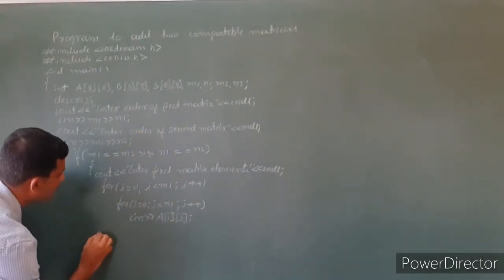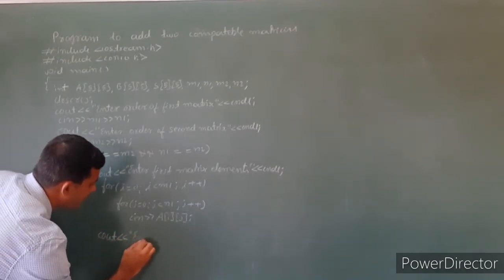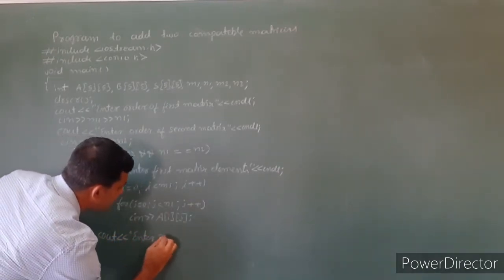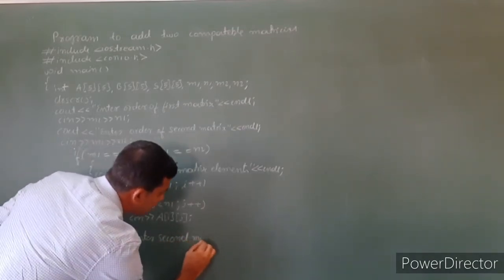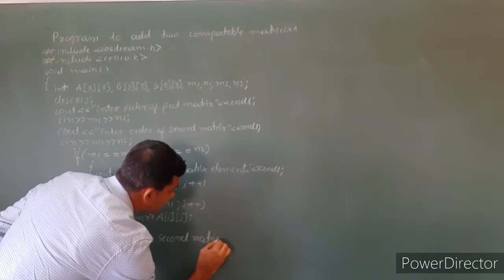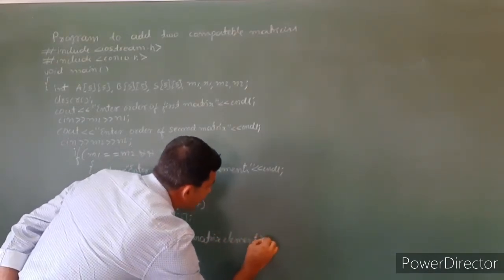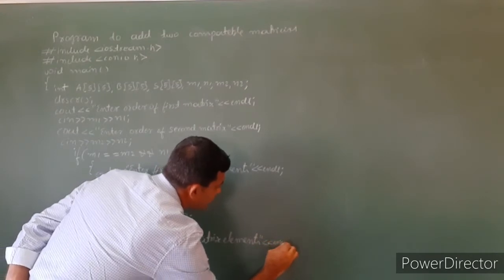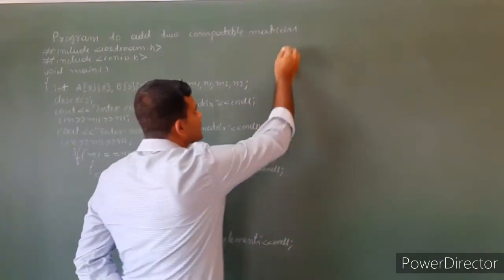Then output, enter second matrix elements. Read the second matrix elements. How to read the second matrix elements?